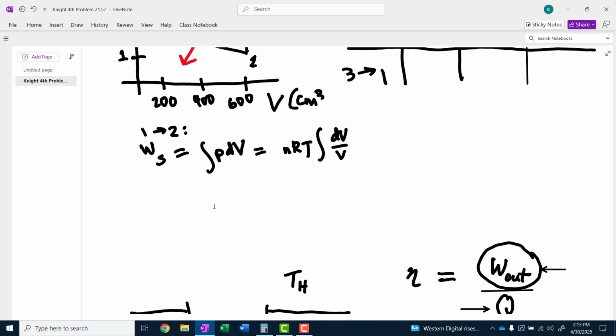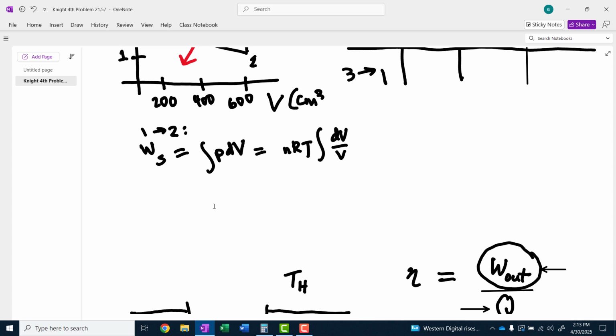Think back to calculus. The antiderivative of 1 over V is the natural log. And then when you evaluate at the upper and lower limits, that's the final volume and the initial volume, you're going to get natural log of final volume minus natural log of initial volume, but log A minus log B is the log of the quotient.